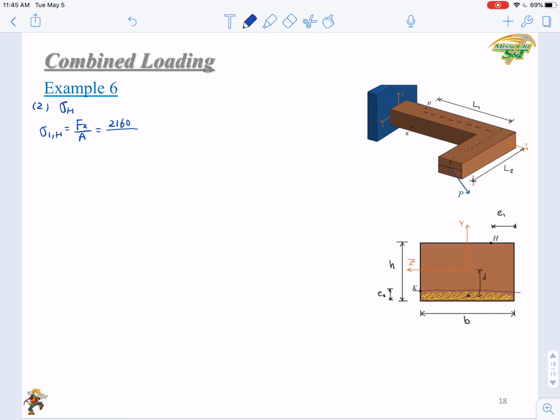B is 8. H is 6. Right? So you get 45.1 psi. And the second one, second component at point H, will be due to the bending moment My. Y times YH1 over I.